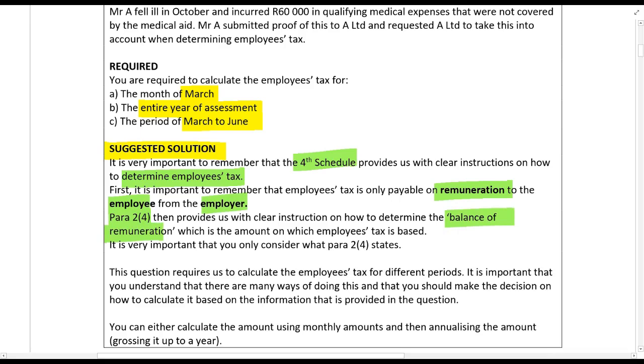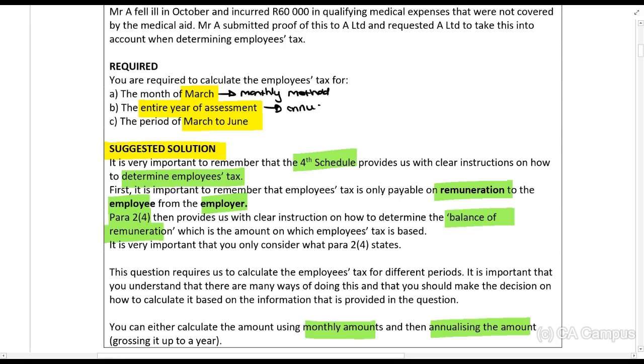You can either calculate the employees' tax using the monthly amounts or by annualizing it, grossing it up to a year. Here I'm going to use the monthly method, and over here, I'm going to use the annual method.